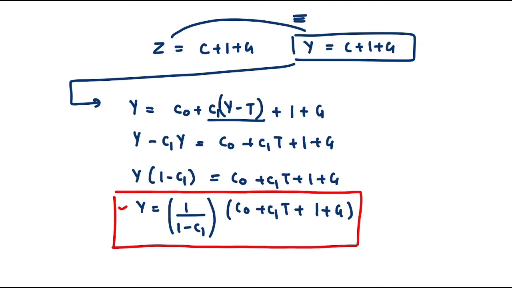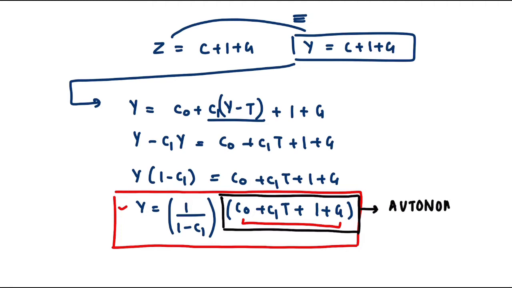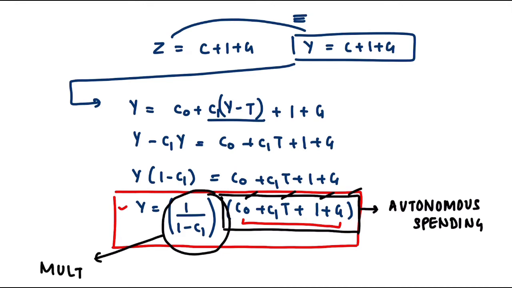One is the denominator, which is 1 minus C1, and the other is the numerator, C0 plus C1T plus I plus G. Now this part is the part that we refer to as the autonomous spending. Why autonomous? Because it does not depend upon income. And what is this part? This is our multiplier.